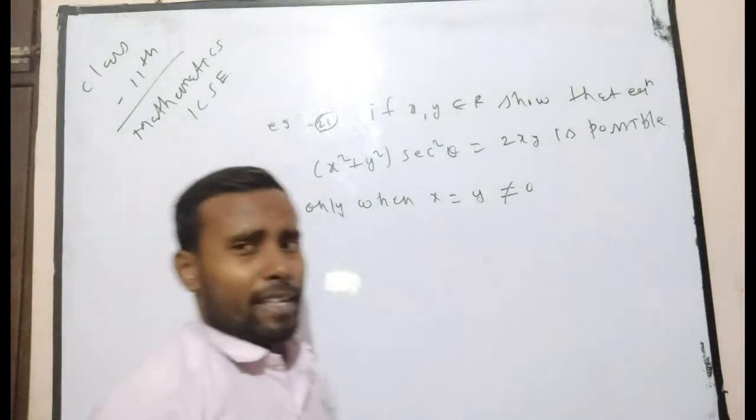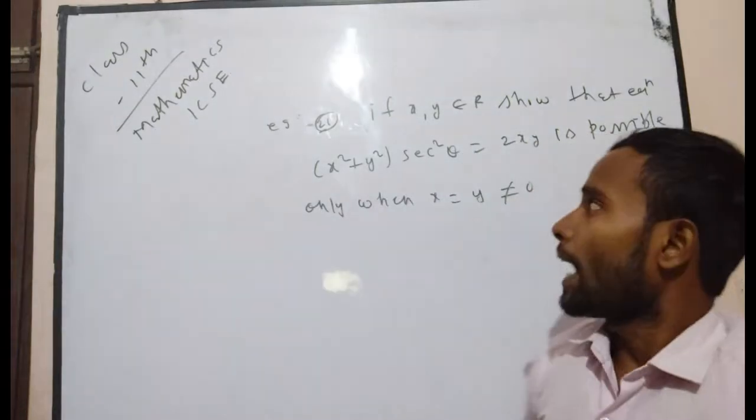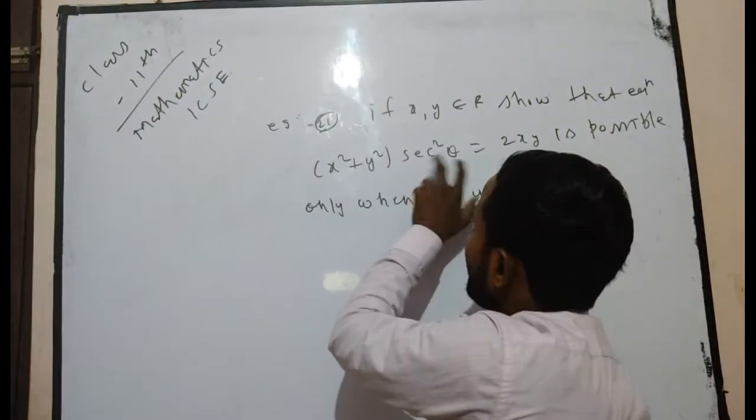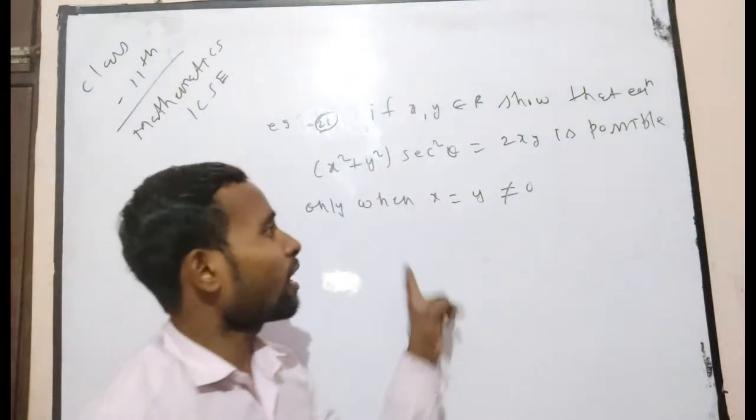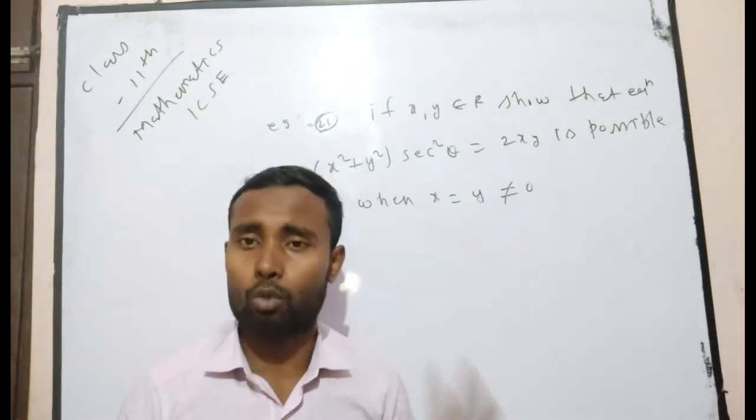If x and y are real numbers and x square plus y square times sec square theta is equal to 2xy, then you have to show that it is possible only when x is equal to y but not equal to 0.